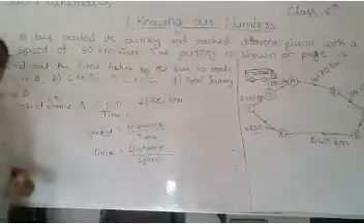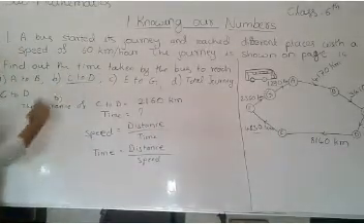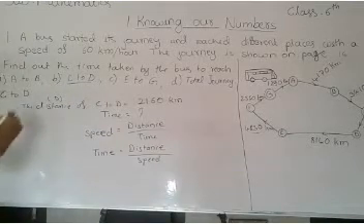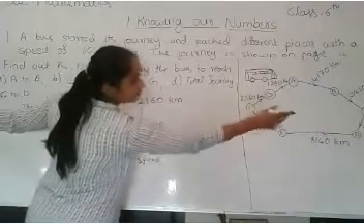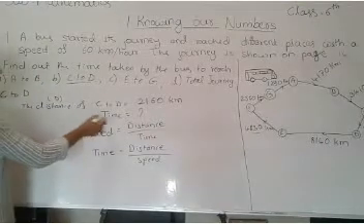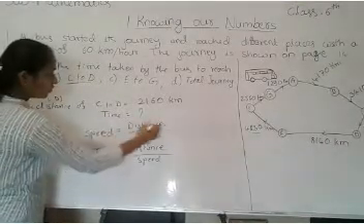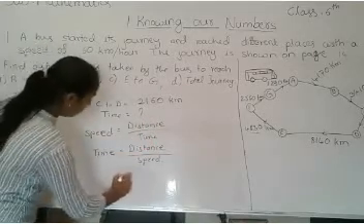69.5. Let's see here, students. Our second question is we have to find out the C to D. The distance of C to D is 2160 kilometer. We have to find out the time only. Speed equals distance by time, so time equals distance by speed.